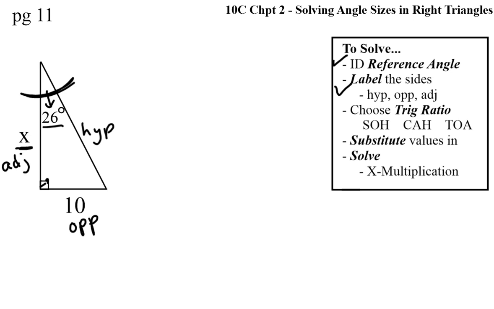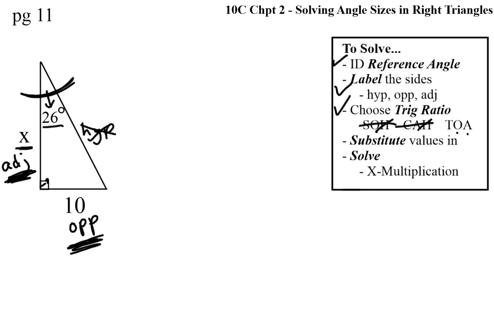So from there, what are we going to do? Here we go. We want to find the adjacent using the opposite. Those are my two sides because that's what I want. That's what I know. Again, the hypotenuse isn't helpful. So when we choose our trig ratio, hypotenuse isn't given, so those are no use.